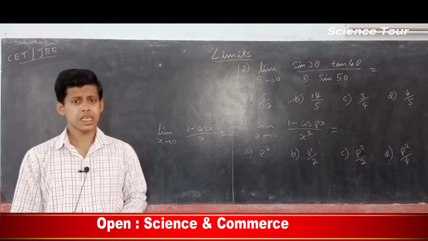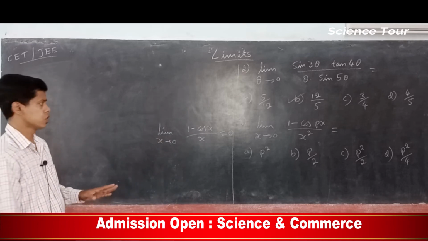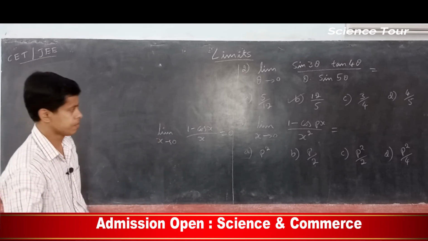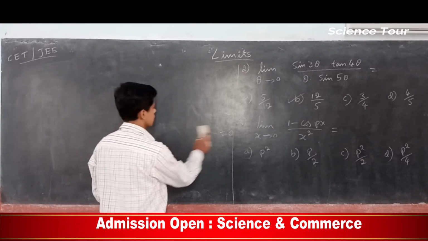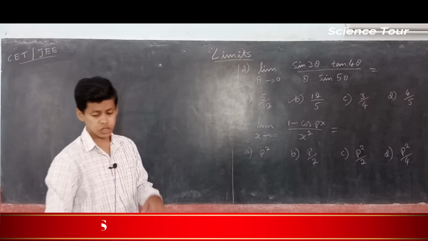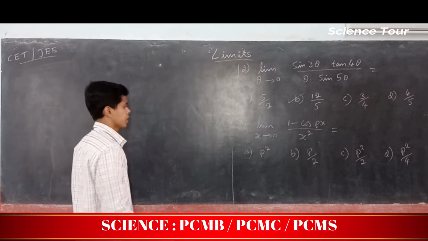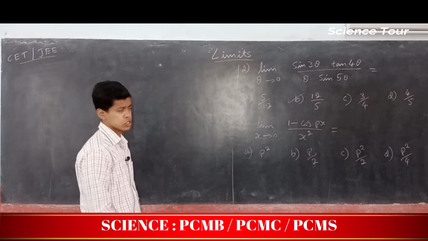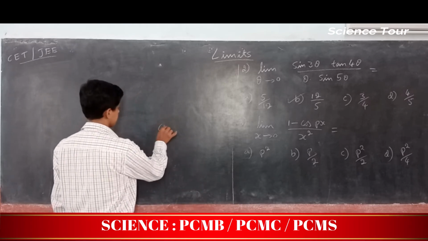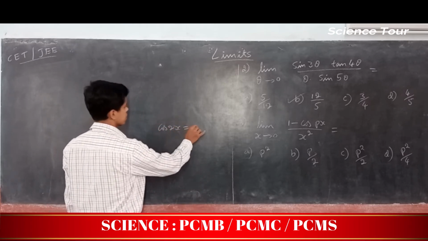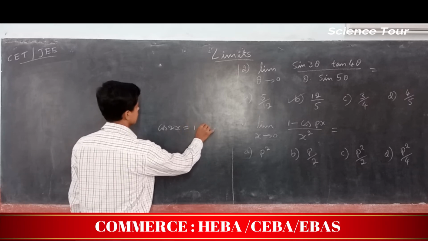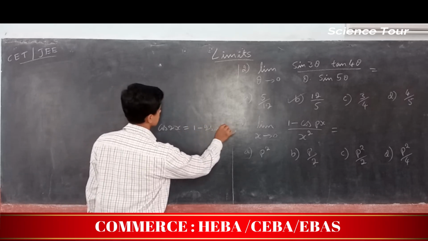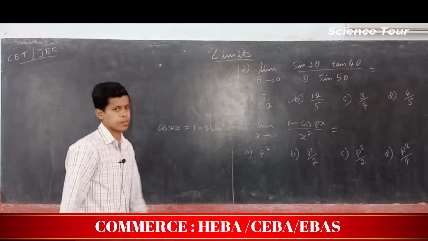So, slightly different. So, what will we do here? We will use the cos 2x formula. What is cos 2x? Cos 2x is 1 minus 2 sin square x, right.